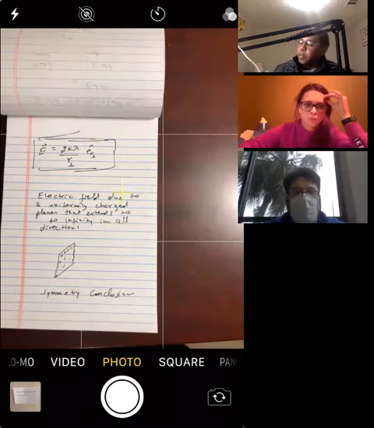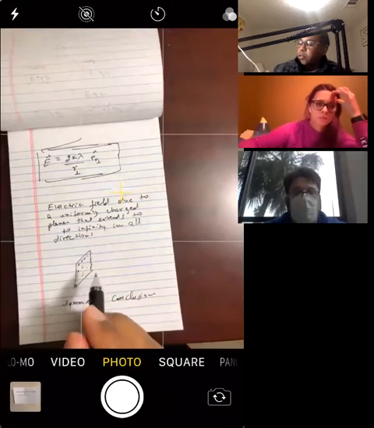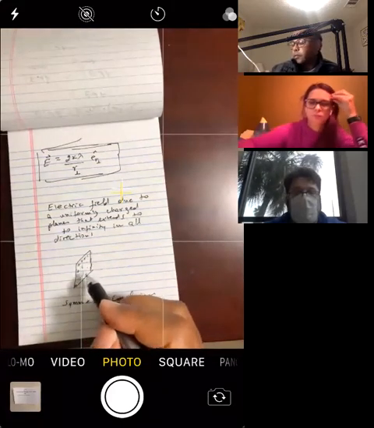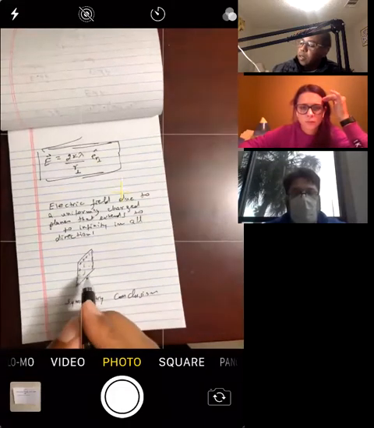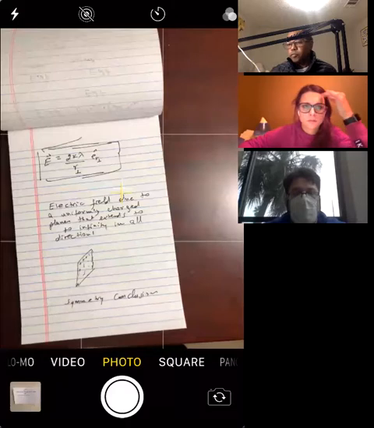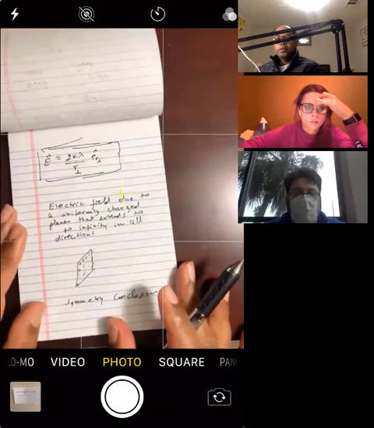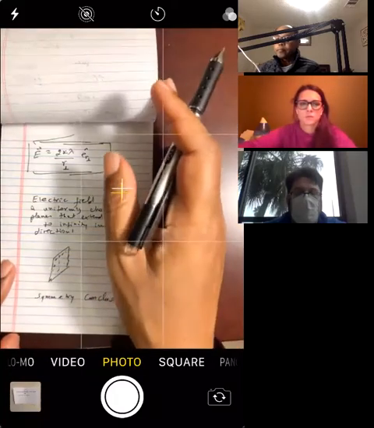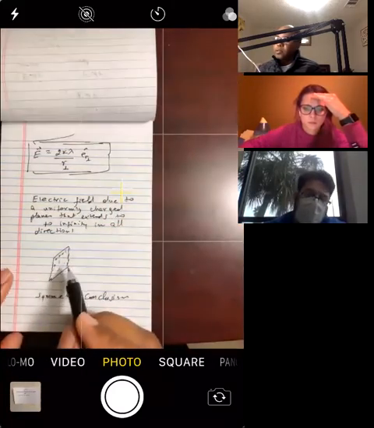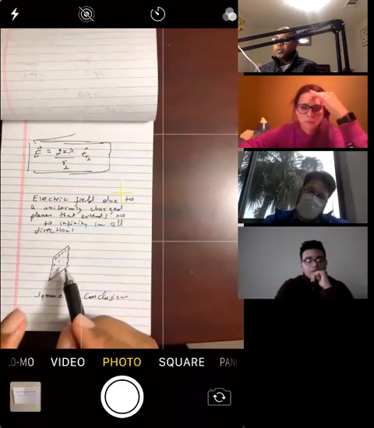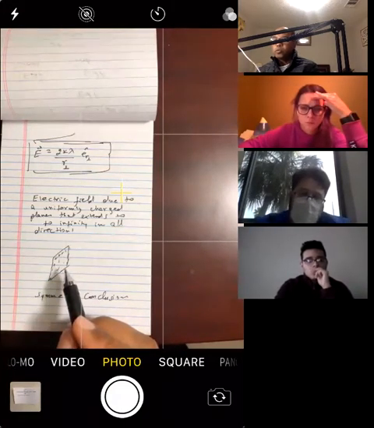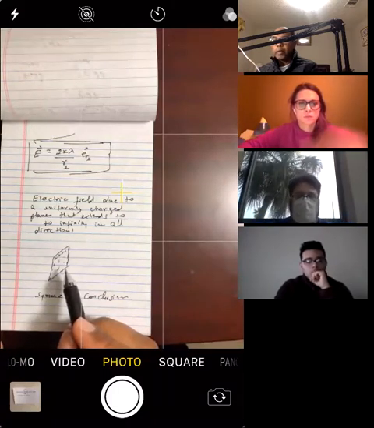If you take a certain point in front of the plane, you see if there's another point at the top, there'll be another symmetric point at the bottom to eliminate the electric field parallel to the plane.